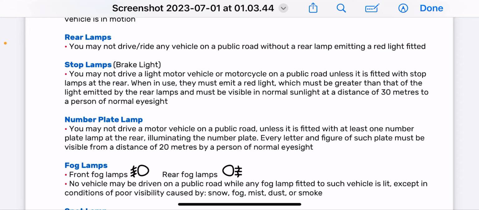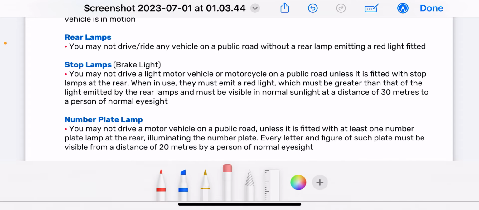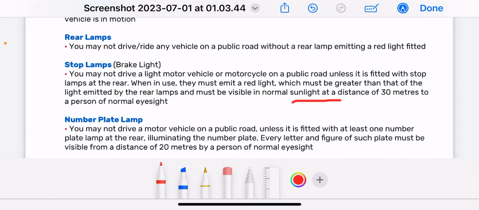When in use, they must emit a red light which will be greater than that of light emitted by a rear lamp and must be visible in normal sunlight at a distance of 30 meters to a person of normal eyesight.